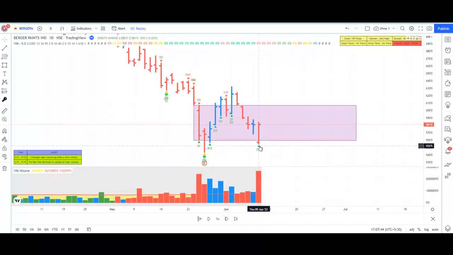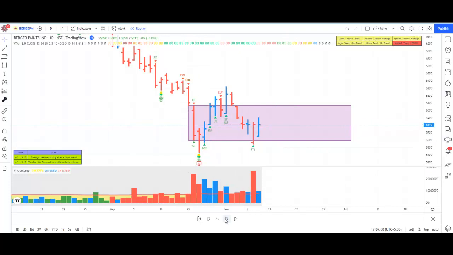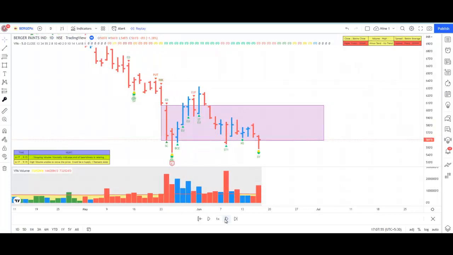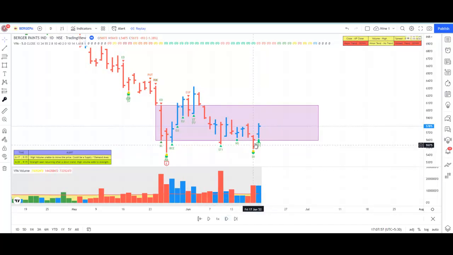Here some support came at the low of the selling climax bar. It's moving within the shadow only. Here again, attempt to pull it down. The support came here at the low of the selling climax bar. So here you can see both the high level played as a resistance and the low level played as a support.